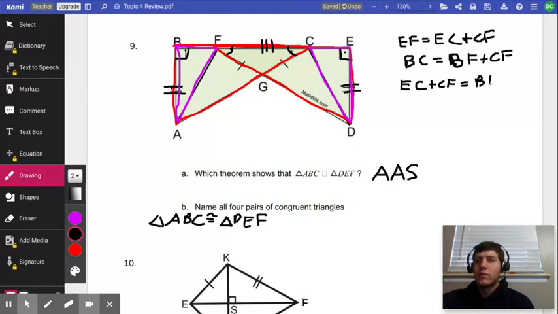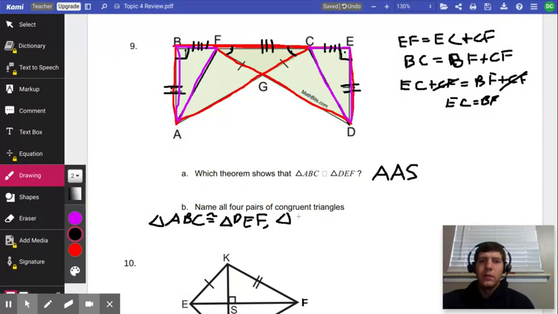And you don't have to write all this out, obviously. I'm just trying to show it to you if you're curious. Okay, right? And then you subtract CF from both sides and you get EC equals BC or equals BF. So you know that those two pieces here are congruent. So then you would have side, angle, side, right? It's not asking you why, it's just telling you to list the congruent triangles. So you don't need to do all that.